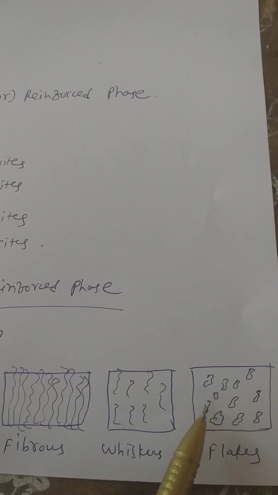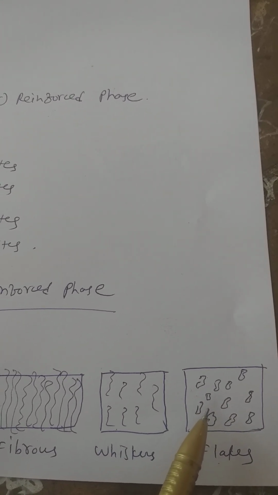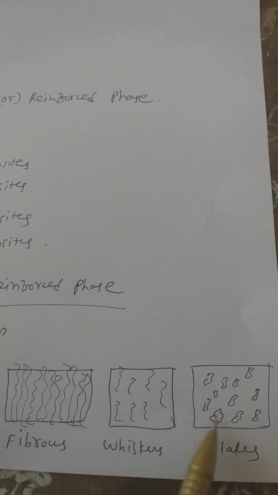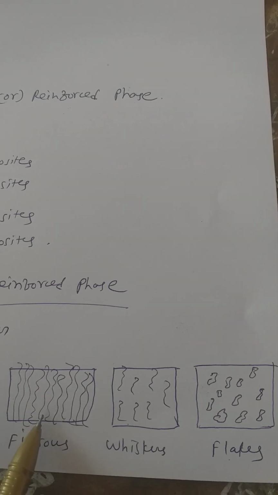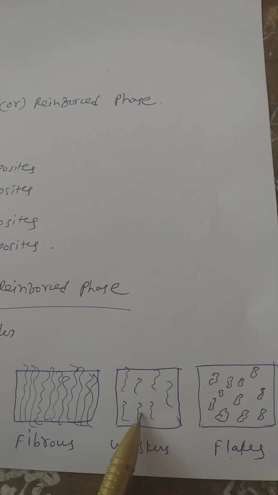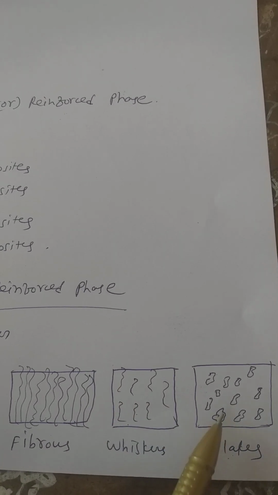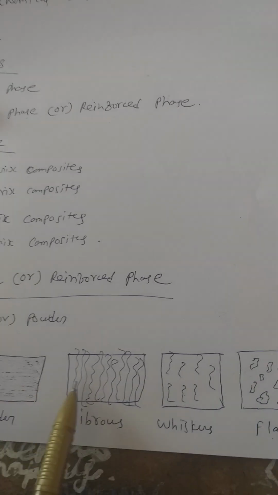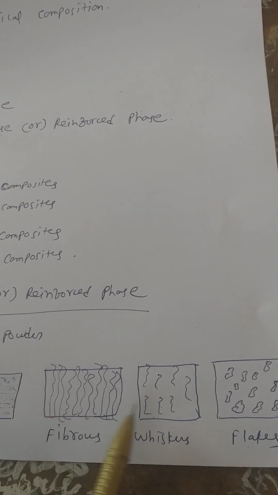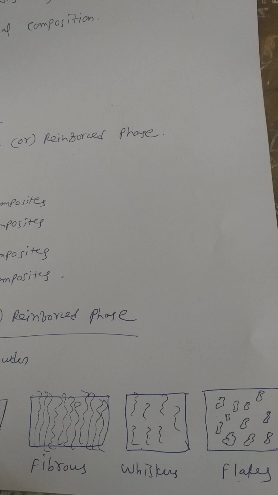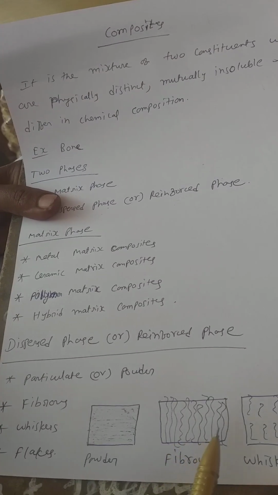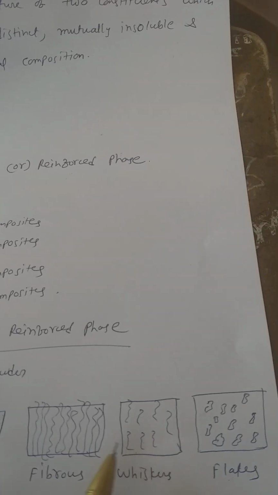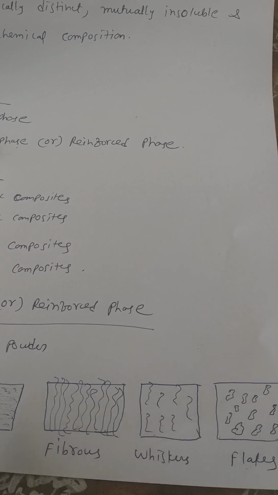And flakes are small irregular pieces of the reinforced phase. So in four forms, the inner phase can be dumped: in the form of powder, or in the form of fiber, or in the form of whiskers or short threads, or in the form of flakes, which are irregular pieces. For different forms, the quality of the composite material differs. So depending upon the place where the composite is used, and the design where it is used, the dispersed phase can differ.